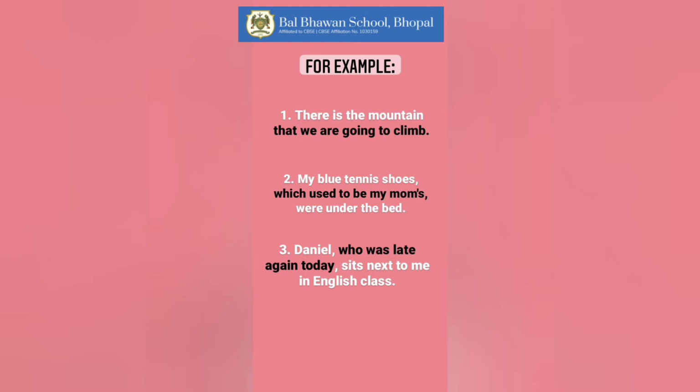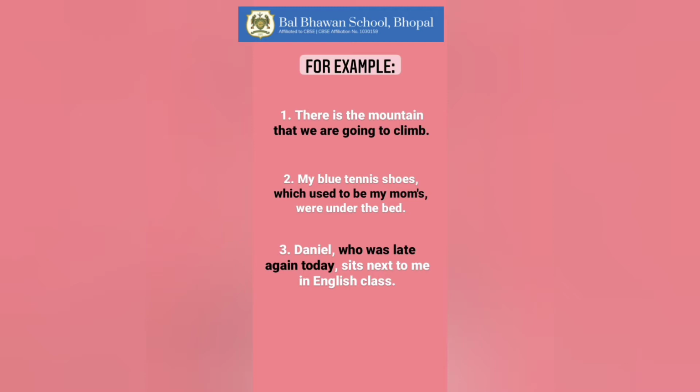Next example, my blue tennis shoes, which used to be my mom's, were under the bed. Here in this sentence, children, which used to be my mom's is the adjective clause as it tells us about the noun shoes.